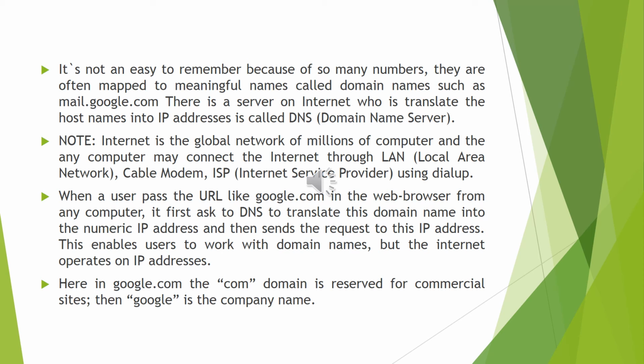This enables the user to work with domain names, but the internet operates on IP addresses. Here in google.com, the com domain is reserved for commercial sites. Then Google is the company name.